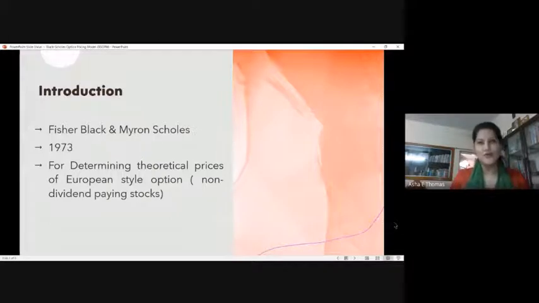Okay, so first we will go with the discussion regarding an option. Underlying asset definitely is a stock, and the assumption is it's a non-dividend paying stock during the holding period. So that's a primary assumption when we go with the initial discussions about the Black-Scholes model.